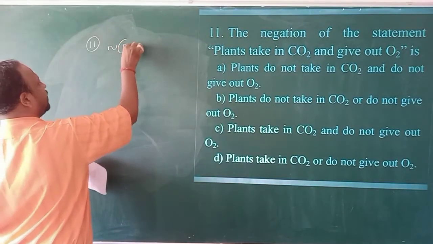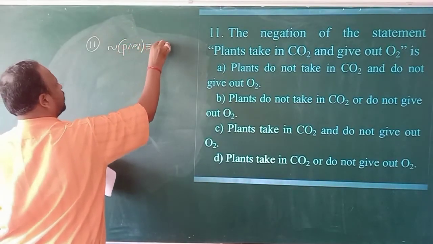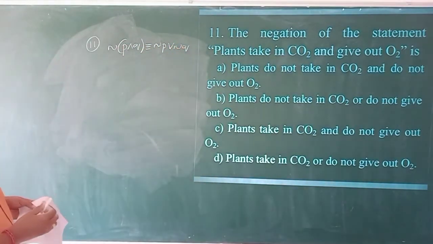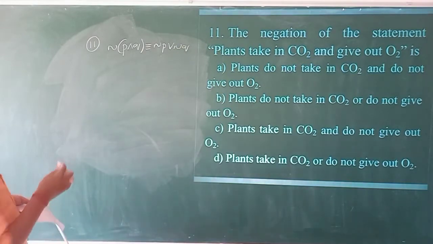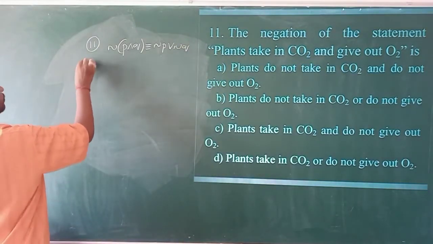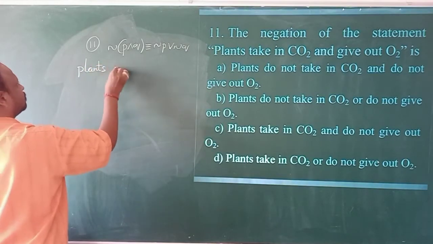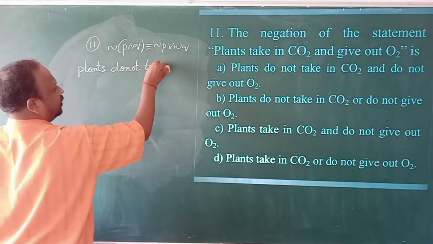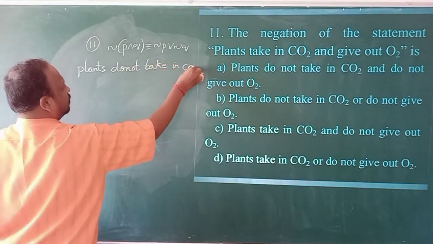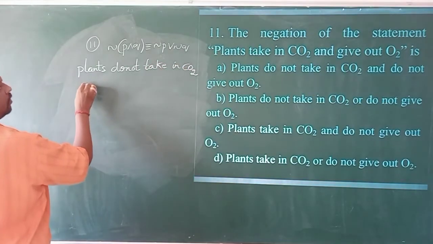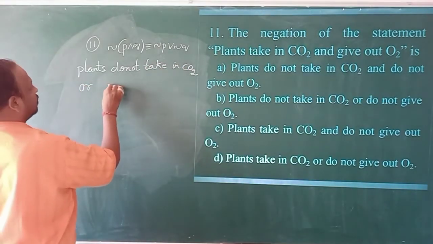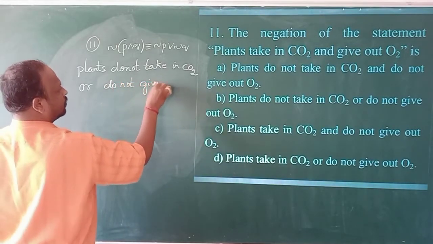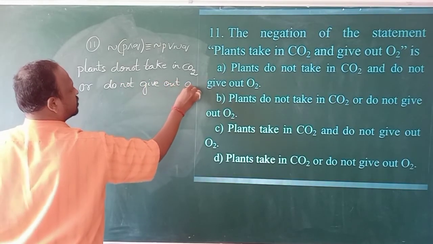Negation of P and Q is logically equivalent to negation P or negation Q. Here the plants take in carbon dioxide: plants do not take in carbon dioxide or do not give out oxygen.